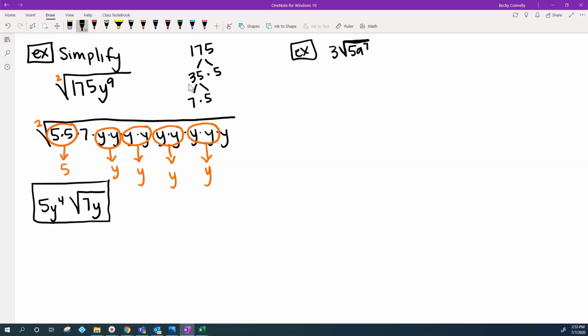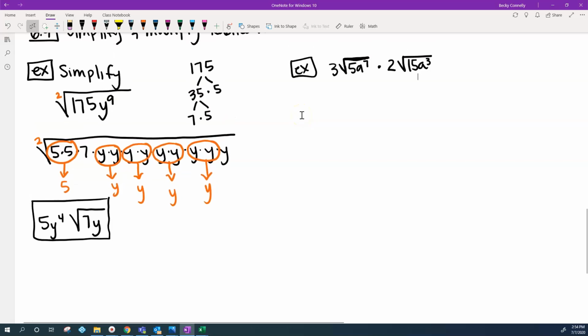Okay? And then times 2 square root of 15a to the 3rd power. So I want everybody to try this. What you've learned in the videos, I want you to multiply these together and simplify them.